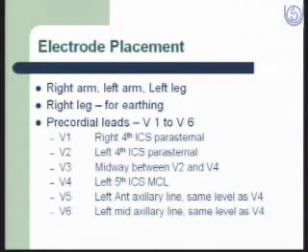V5 is placed at a point on the left anterior axillary line at the same horizontal level as V4, and V6 is again placed at a point in the left mid axillary line at the same horizontal level as V4. So these are the 6 precordial positions of the leads.